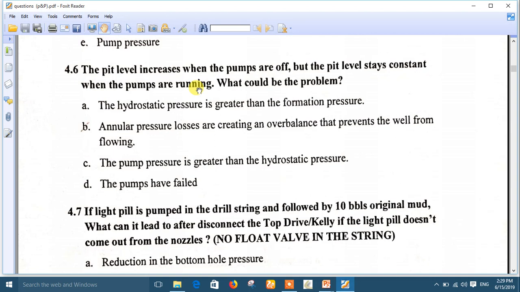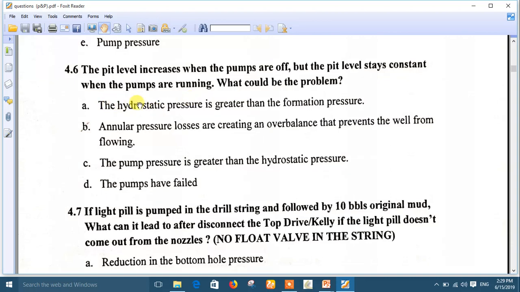The ECD is affecting the bottom hole, but once you stop pumping, the hydrostatic pressure is not enough to keep the hole stable or under control. So there is a problem. As I told you also, when you make connections, you have connection gases on the shakers after one bottoms up. This means that you lost the APL, or annular pressure losses.